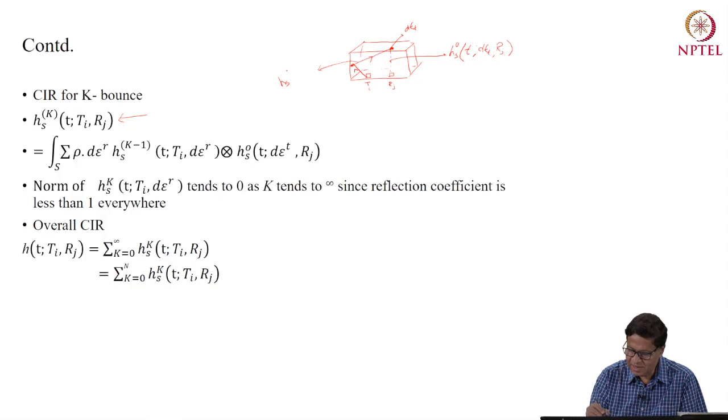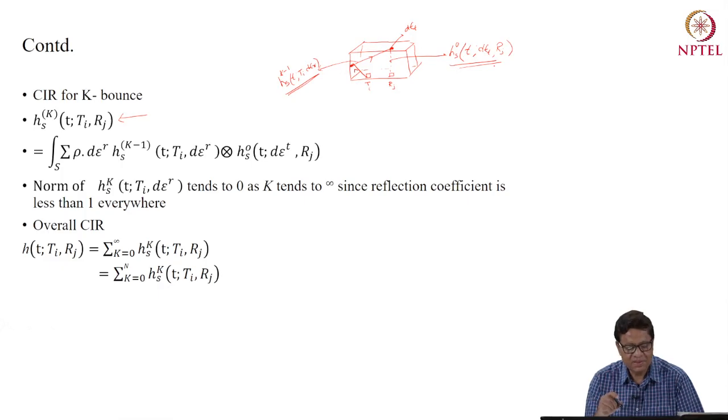So this is h_s^(k-1)(t), coming from the transmitter Ti, and this is some small area d epsilon R. So I need to convolve this channel impulse response with this channel impulse response. I will get the channel impulse response for k bounces, which is what is written here.